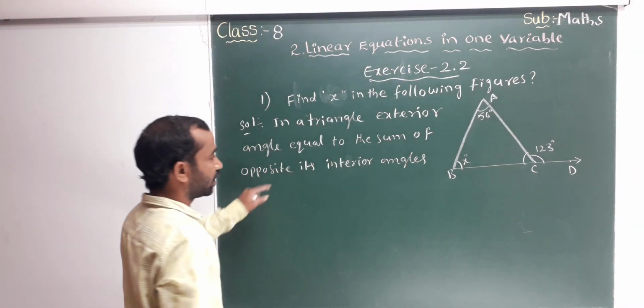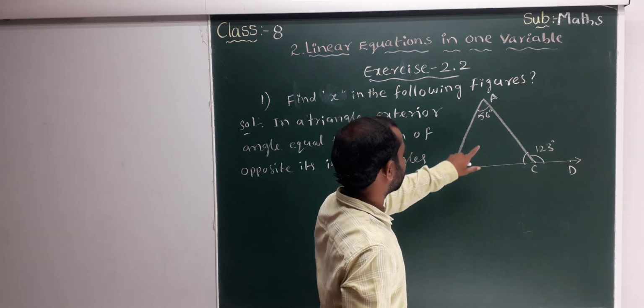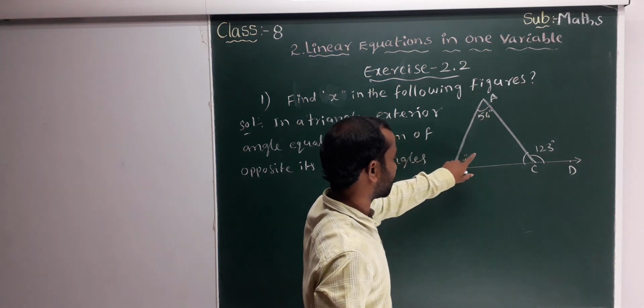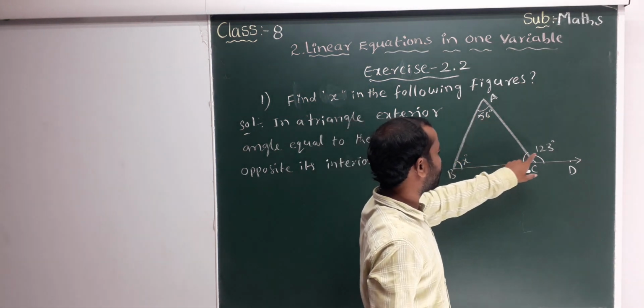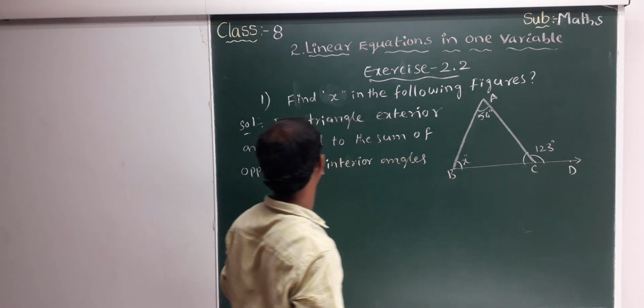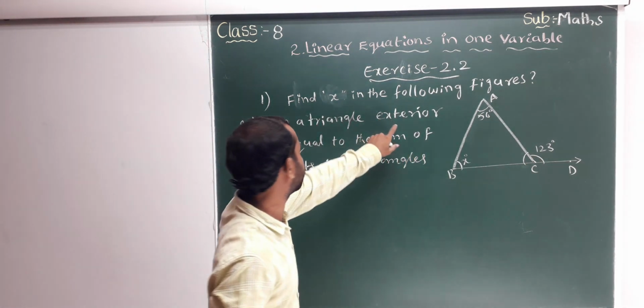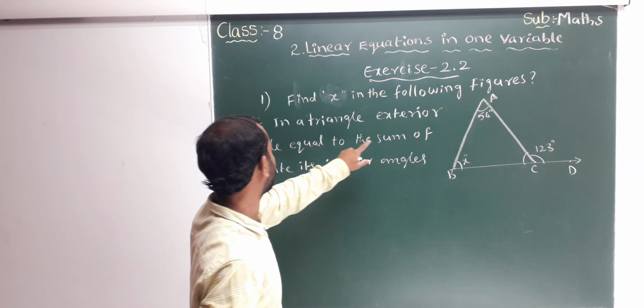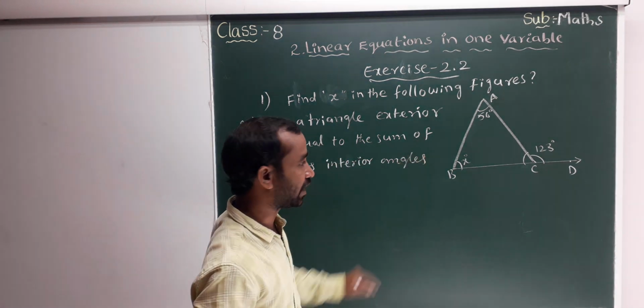Okay. In a triangle, the sum of two interior angles equals the opposite exterior angle. In a triangle, the exterior angle is equal to the sum of the opposite interior angles.